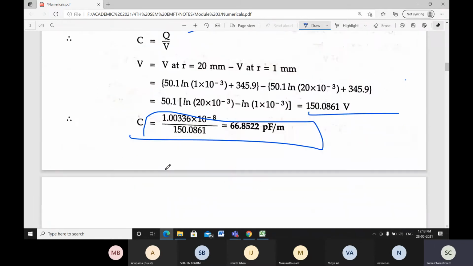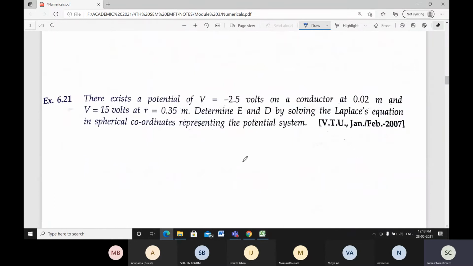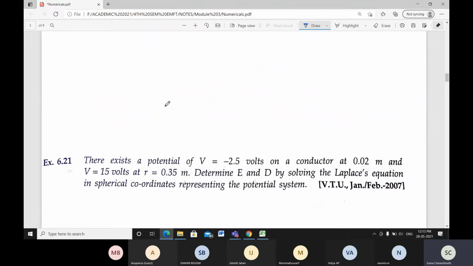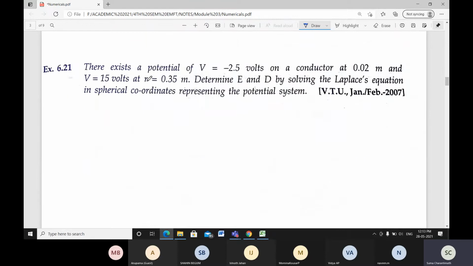This is one problem. Next, a simple problem which is also asked in exams. There exists a potential of V equal to minus 2.5 volts on a conductor at 0.02 millimeters, and voltage is given as 15 volts at R equal to 0.35 meters.